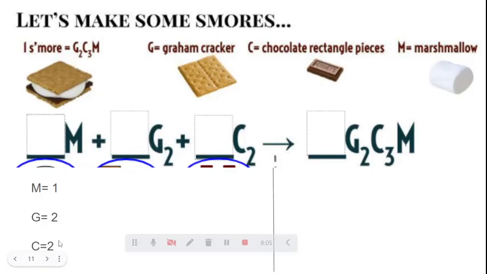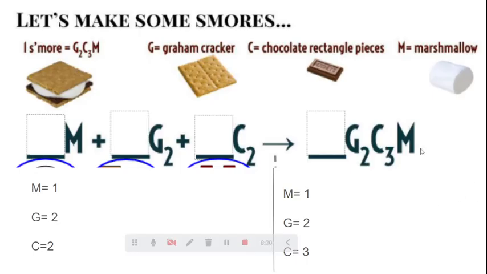I have 2. So what I mean by having the same element, we are going to do marshmallows first. We have to have marshmallows here, graham crackers here, chocolate here, chocolate here. I promise you, when you do it like that, when you start balancing, it makes your life like 10 times easier. And my goal is to make your life 10 times easier. I'm not trying to make it complicated for y'all.